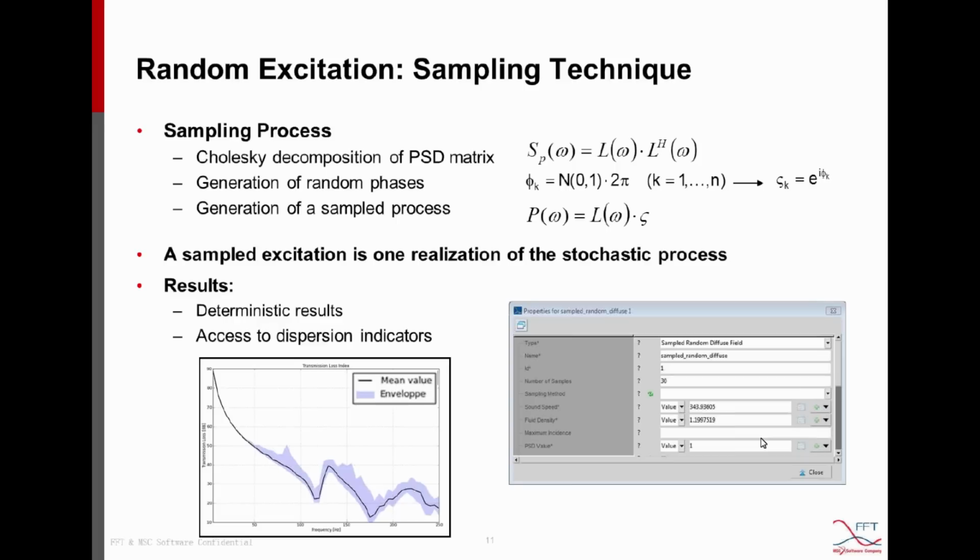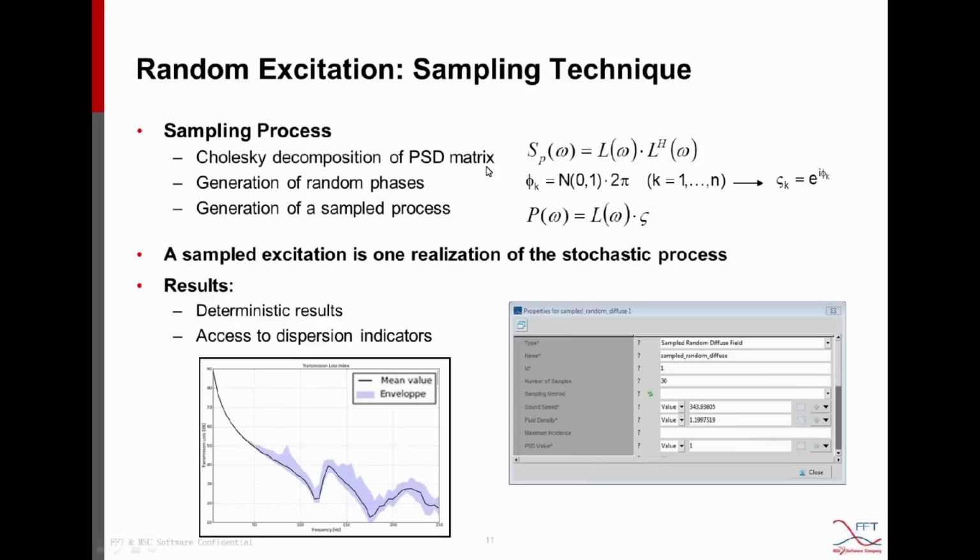There are several ways existing in Actran, and I will introduce the sampling technique. So the sampling technique consists in downgrading the PSD matrix into linear terms, so from quadratic terms into linear terms.